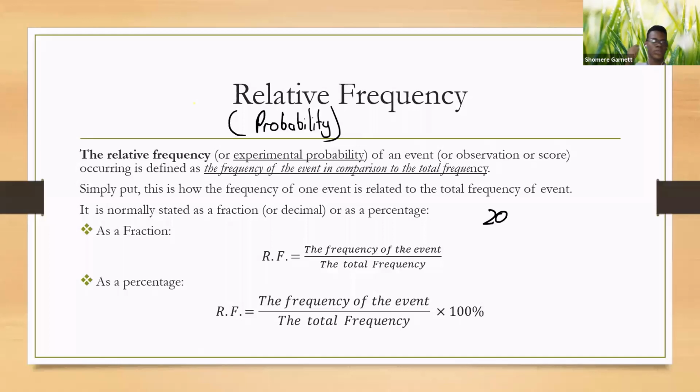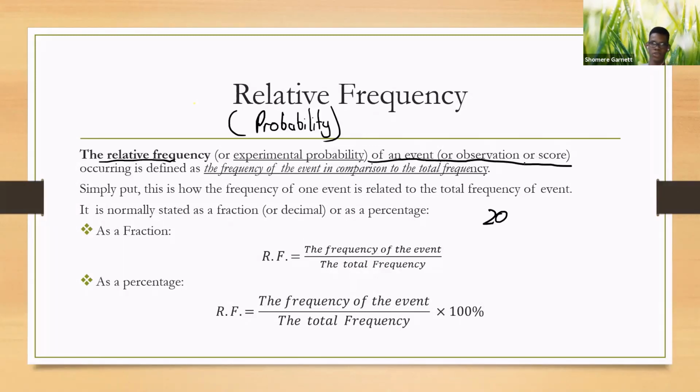So the relative frequency is just telling us the probability of yes and the probability of no, basically. If the total is 20 and the frequency of yes is 10, then 10 over 20 would be our relative frequency. You can have the relative frequency of no as well. The relative frequency is for a particular observation or event, right?